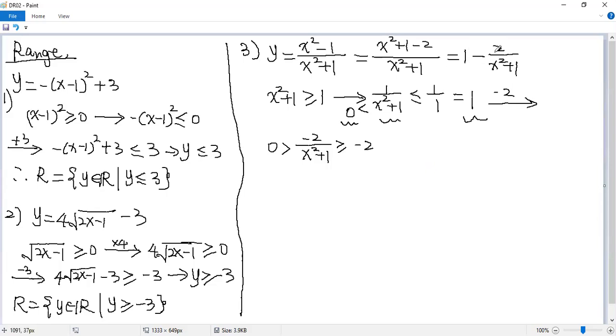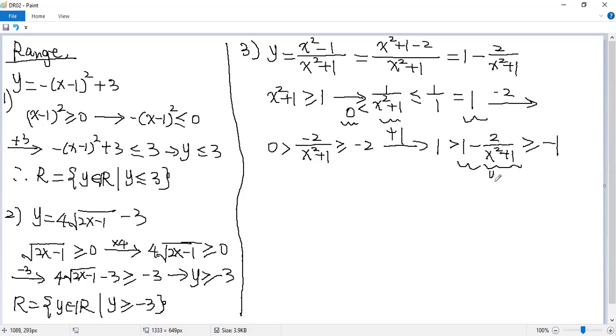To create the function, we need to add 1 to each part. So I add 1 to 0, and I get 1. To the second term, I add 1, so I get 1 minus 2 over (x squared plus 1). And -2 plus 1 equals -1.